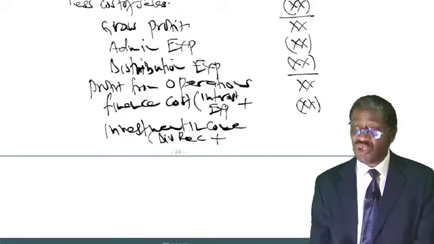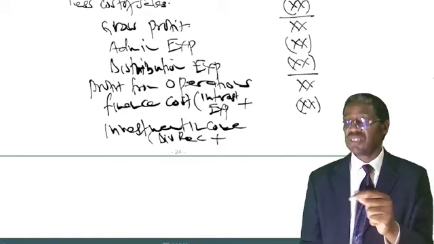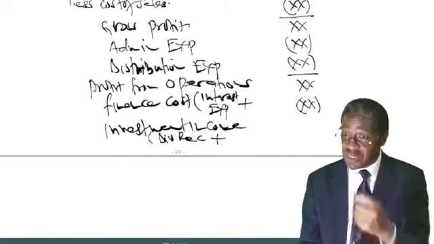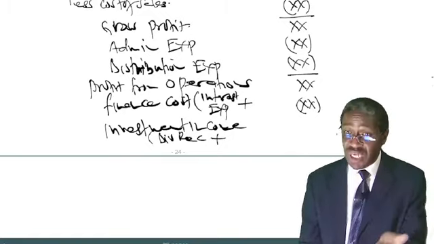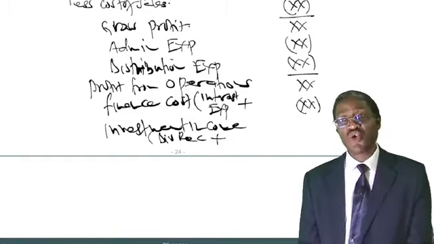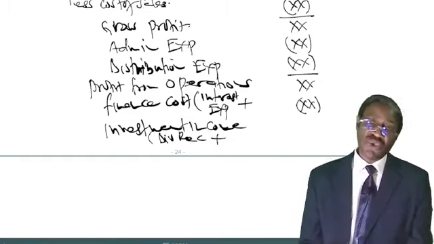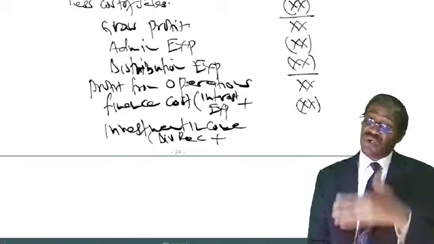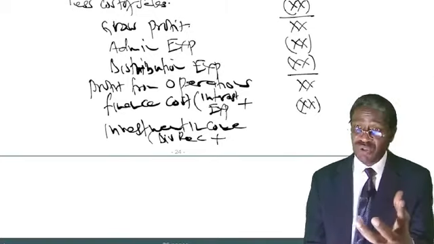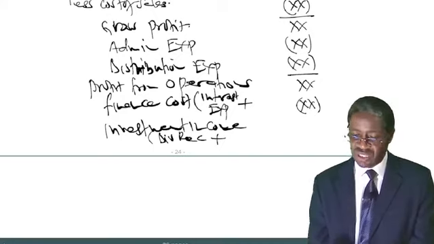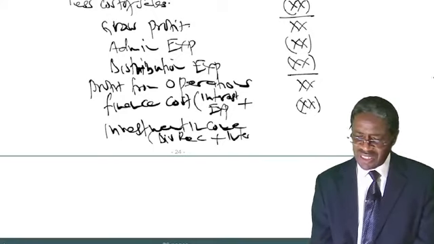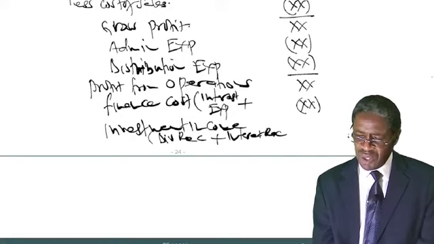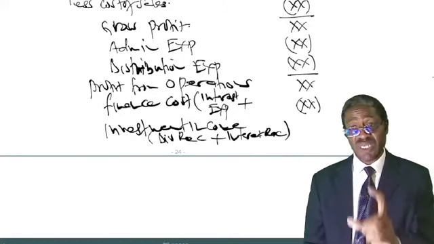Alternatively, you could have put some money in a fixed deposit, which is earning you interest. Or you could have bought some investments which don't give you dividend, but instead they give you interest. Like when you buy treasury bills, treasury bonds, they earn you interest instead of dividends. So even interest income or interest received is another example of an investment income.